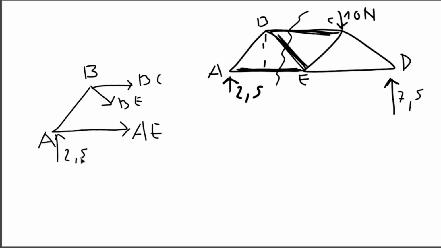And now I can work directly with what we have, and we can actually solve for BE, BC, and AE very fast. So what I have to do is now use, for example, the moment around some point and get some results. So for example, I want to look for AE.